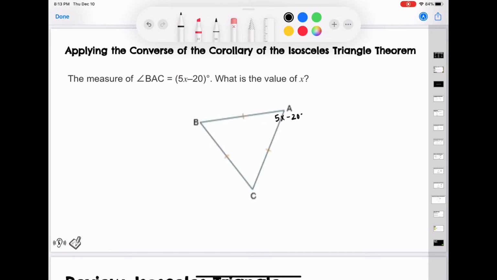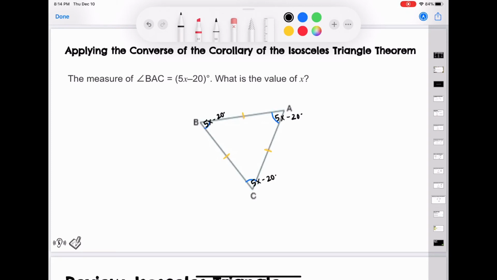Well, what we learned in the converse of the corollary of the isosceles triangle theorem is that if all these are equiangular, they're all congruent, then that means that all our sides are congruent. So if angle A is equal to 5x minus 20, so is angle C and angle B. And what we also learned is that all the interior angles of a triangle add up to 180 degrees.